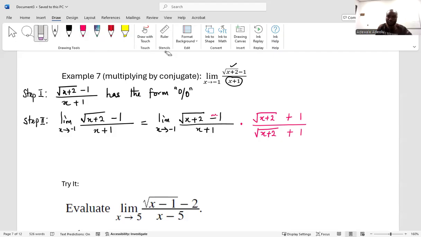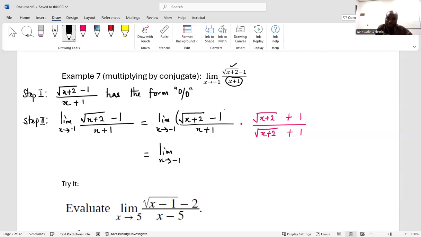That shouldn't be something new for you in this class. So I will write limit. Look at the way I'm carrying my limit, because I have not used it yet, so I need to keep carrying it.